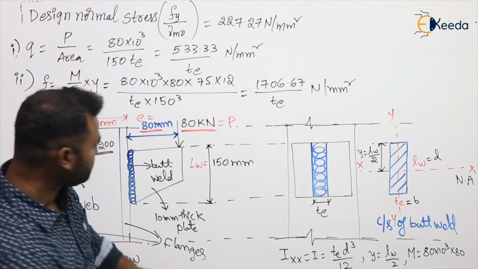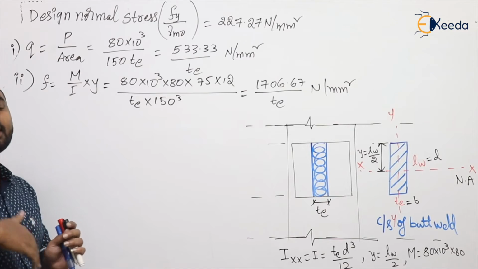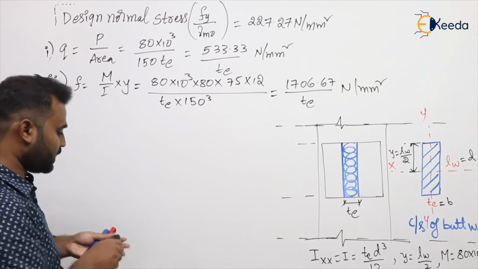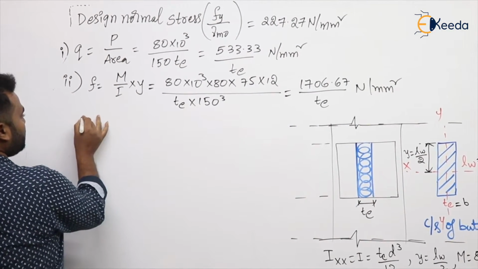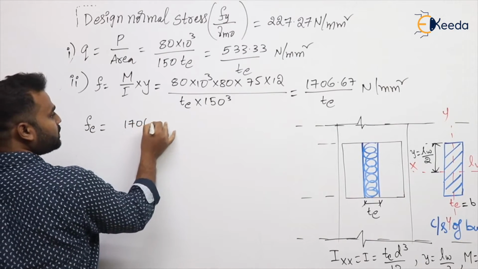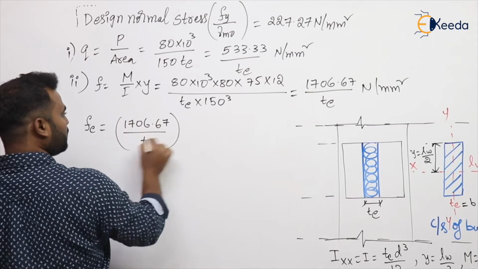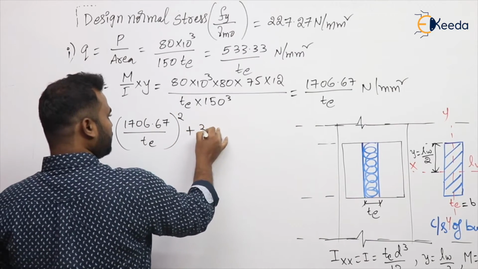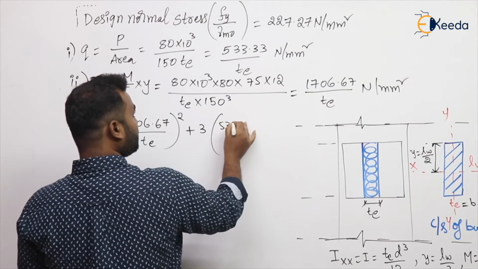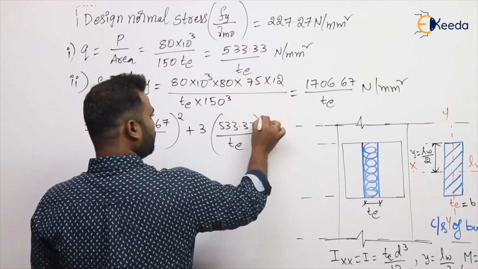Clear? Let me rub this diagram. As we know, there exists an expression for the combination of these two stresses. What is that expression? Equivalent stress Fe is equal to the square root of (1706.67 by Te) whole square plus 3 into (533.33 by Te) whole square.